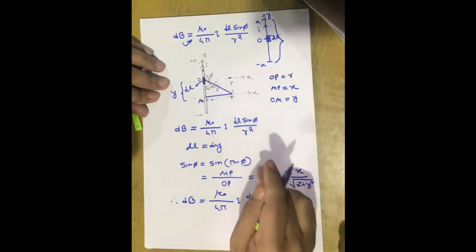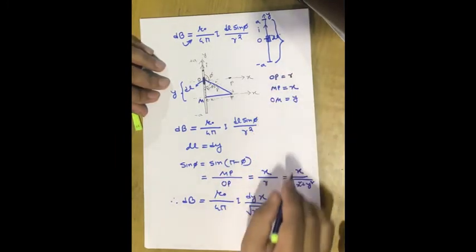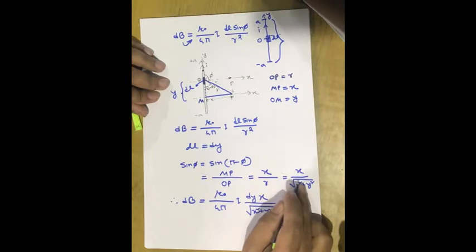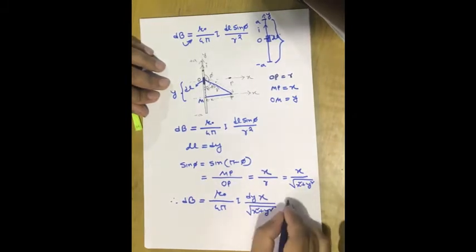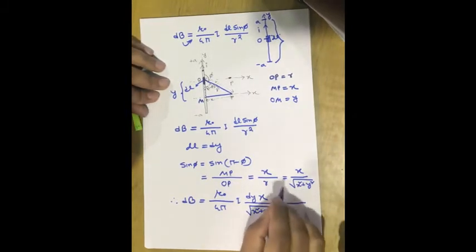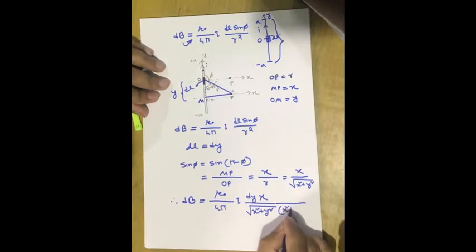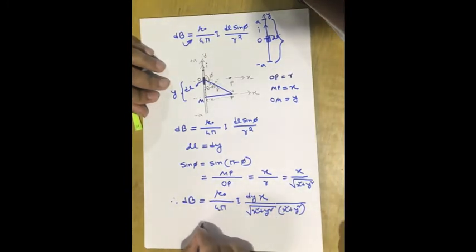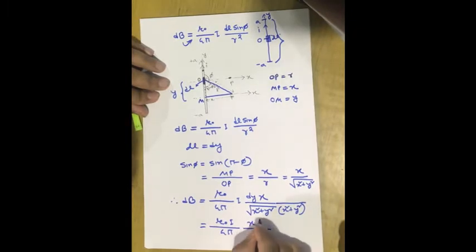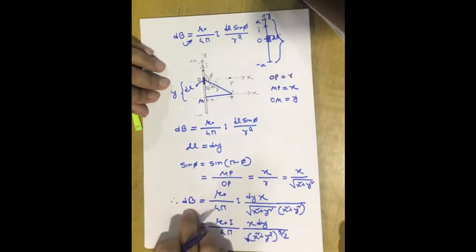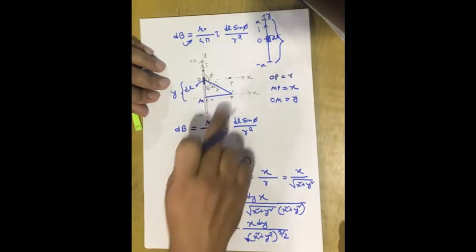In place of r, as we already know, r is equal to root x square plus y square, therefore r square will be x square plus y square. So this value will be mu naught I divided by 4 pi, x into dy, over x square plus y square to the power 3 by 2. So this is the magnitude of the magnetic field dB at the point P.